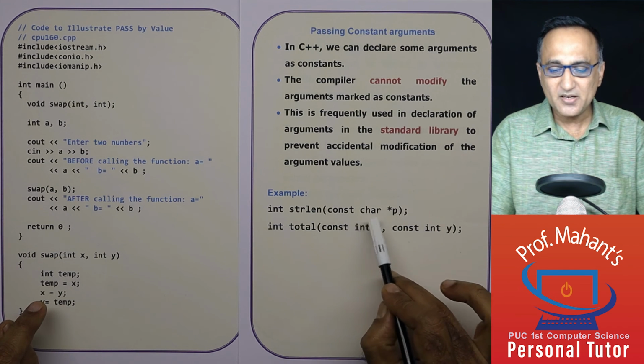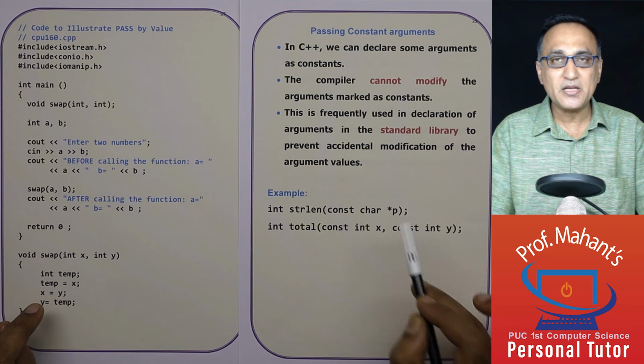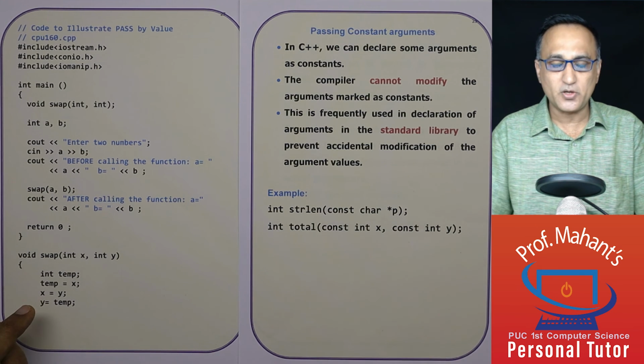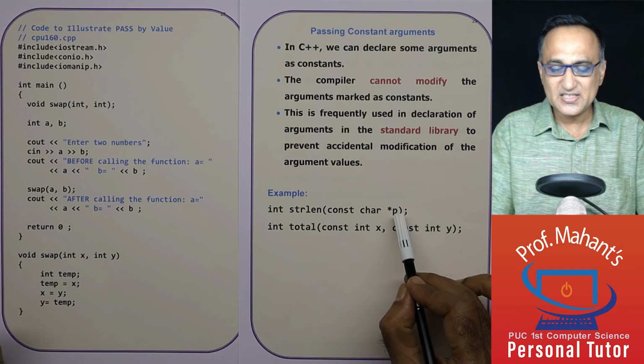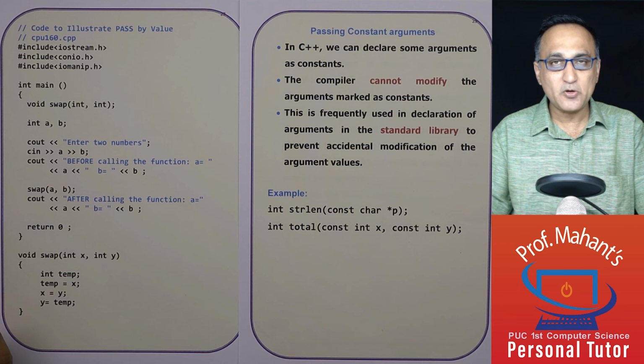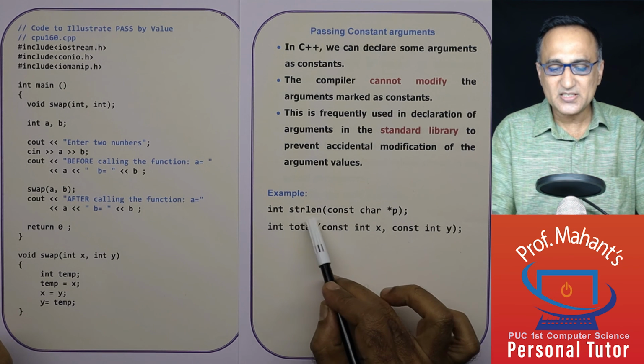But by making it constant, you cannot change the content of that particular memory location. This is possible because of the const char keyword. What const does is say that whatever p is referring to, it can be your name, a character, anything, cannot be modified by the person who has implemented this string length.